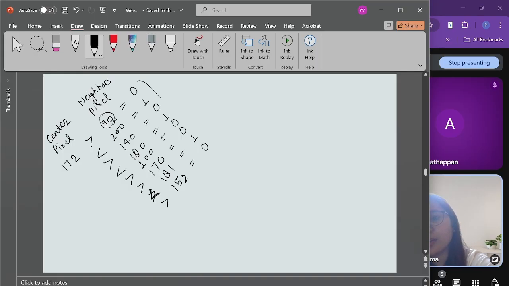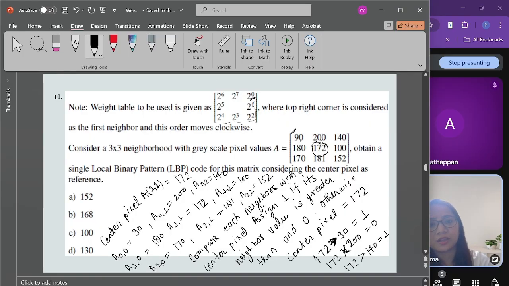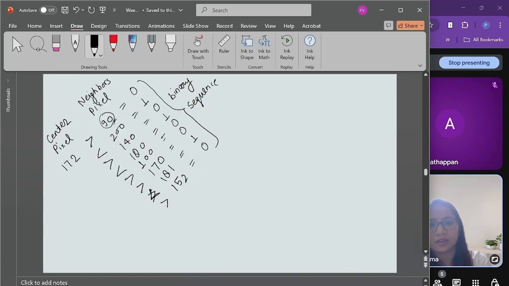So here we have got the binary sequence, right? And with respect to this, the weight table is given to calculate from here.